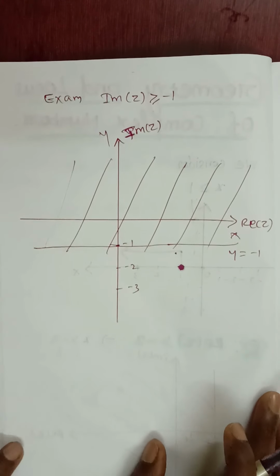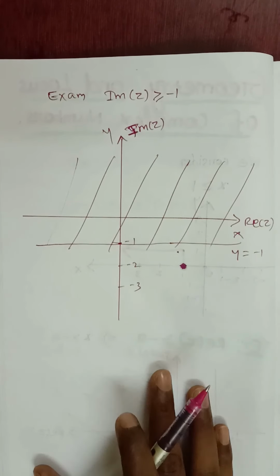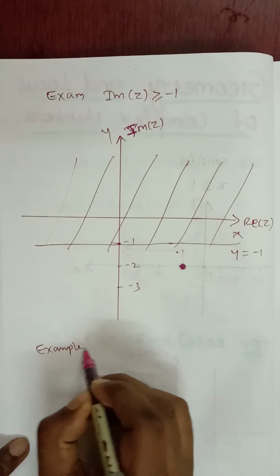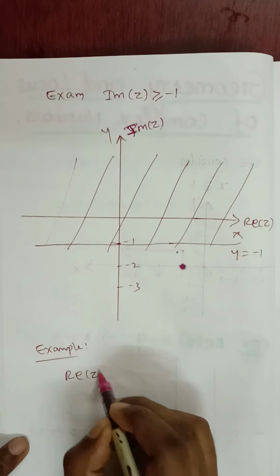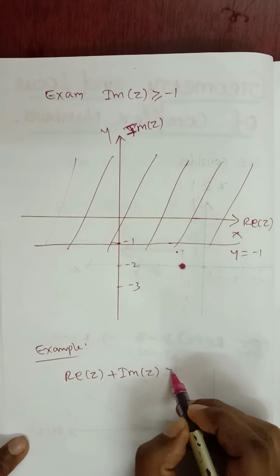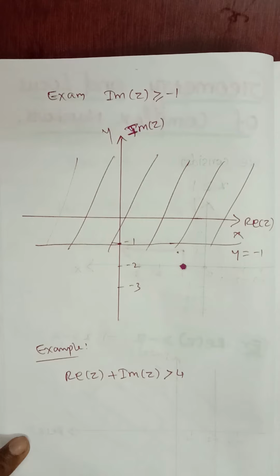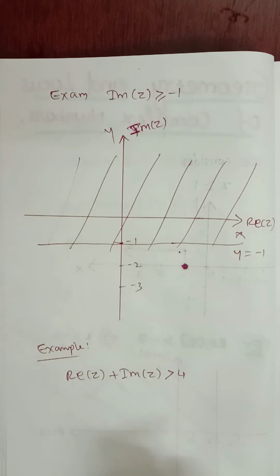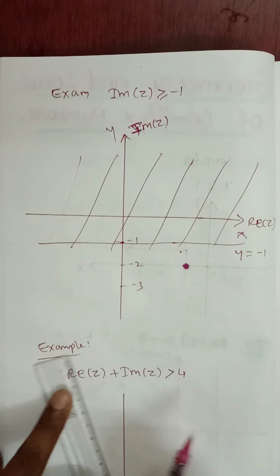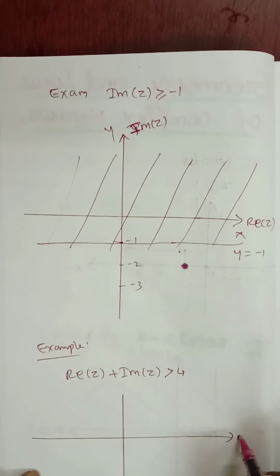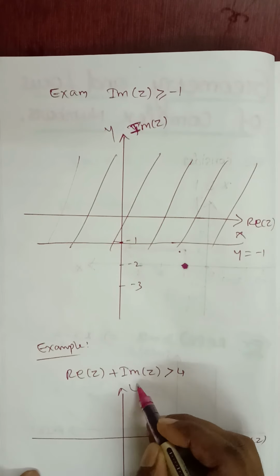Okay, the next example: real of z plus imaginary of z greater than 4. I consider the x-axis and y-axis, the real axis and imaginary axis. This is the real of z, this is the imaginary of z.